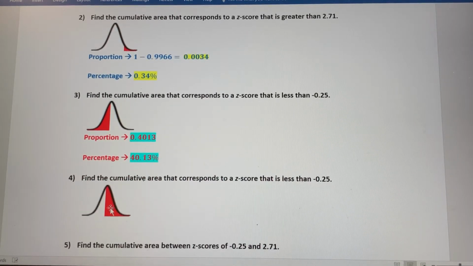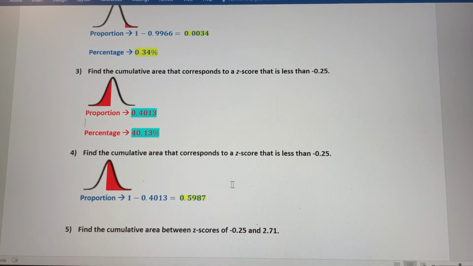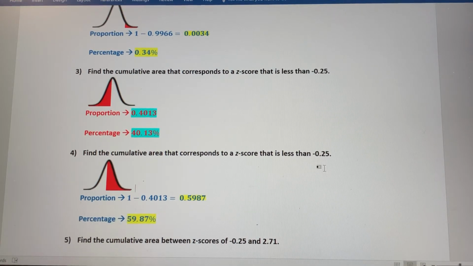We want the shaded-in area, so it's going to be from that z-score to the right. So again, we're going to be above 50%. So I'm going to subtract this value from 1, and that gives me 0.5987. As a percentage, again, move the decimal place 2 times to the right, and that gives me 59.87%.